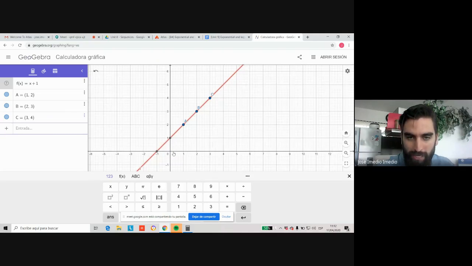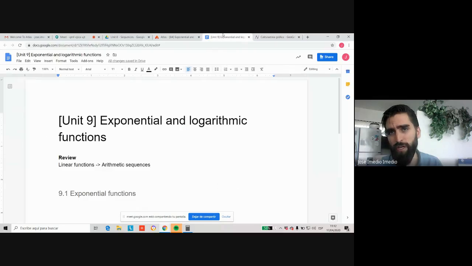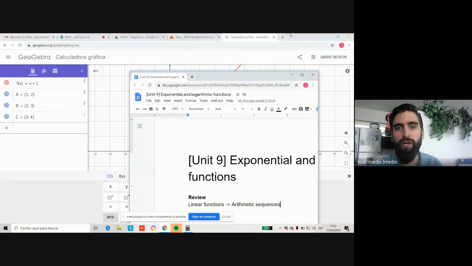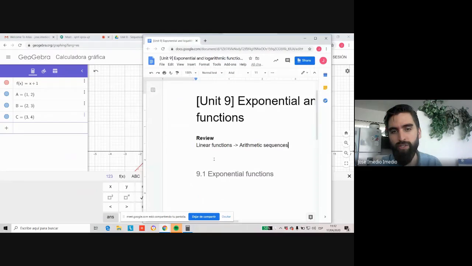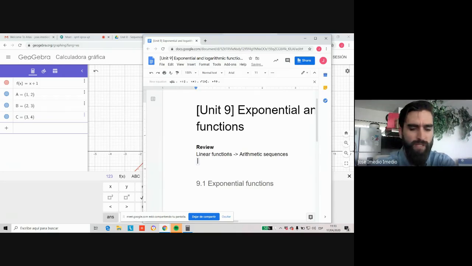We have values at every single point here, and these points are representing an arithmetic sequence that, instead of using the continuous variable x, uses the discrete variable n. So in the first case, we have f of x equals x plus 1. That's a linear function.